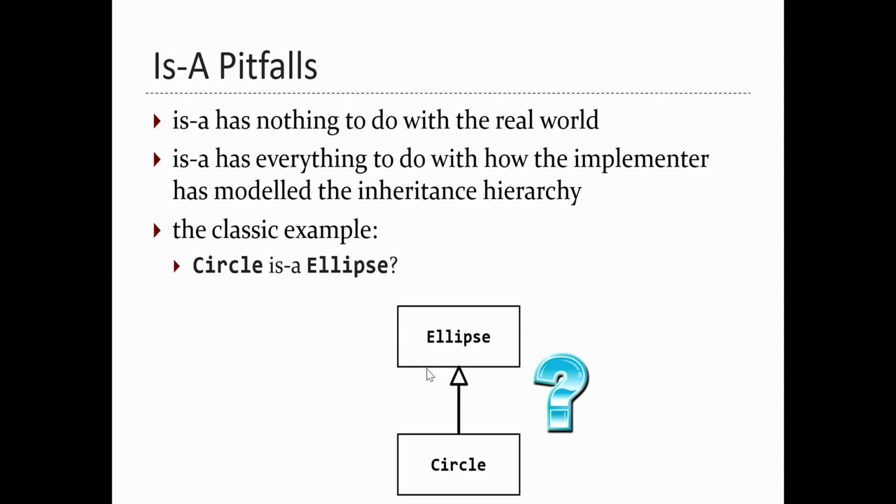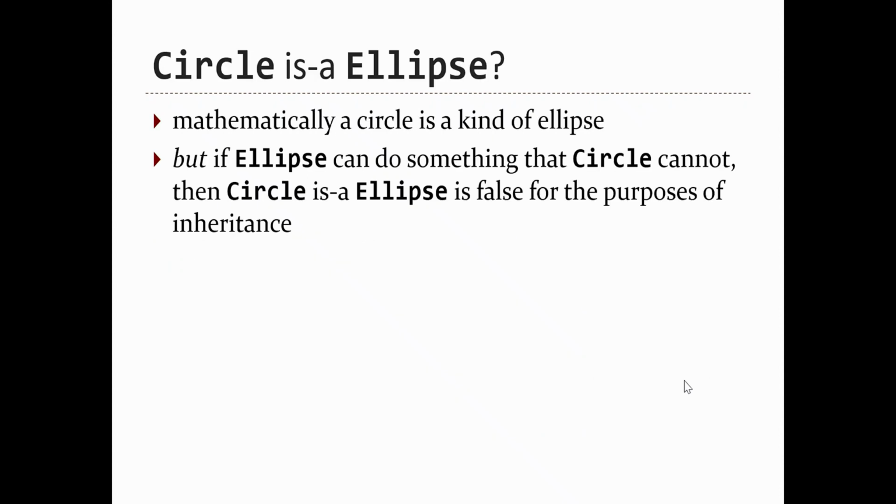If you were to believe that your program reflects the real world, this would be fine. But you have to remember inheritance is a programming construct. So if the ellipse class has some method that does something that doesn't make sense for a circle, then circle is not an ellipse for the purposes of inheritance.